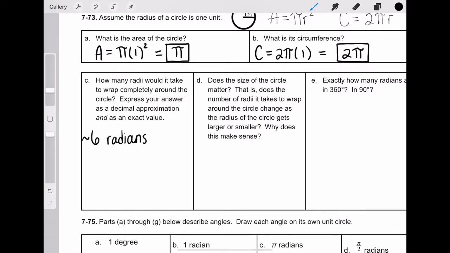It was about 6 radians, or I can say approximately, like 6.3 radians maybe. Okay.